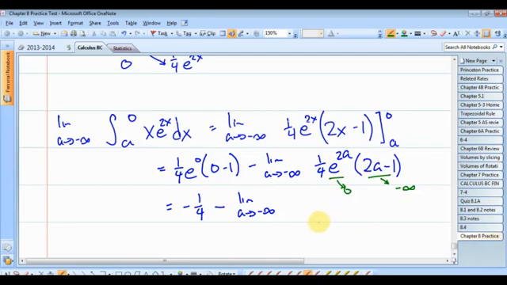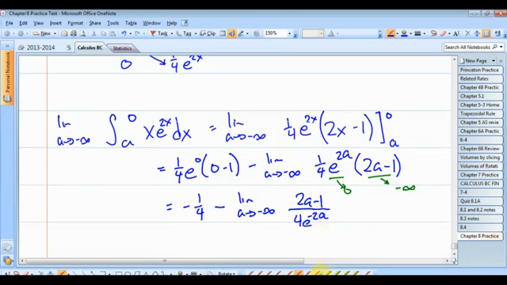Okay, so we need to turn this into an L'Hopital form. Do you want to put this in the denominator or this one in the denominator? What do you think? I think the e is easier in the denominator, don't you think? This is 2a minus 1 over 4e to the negative 2a.